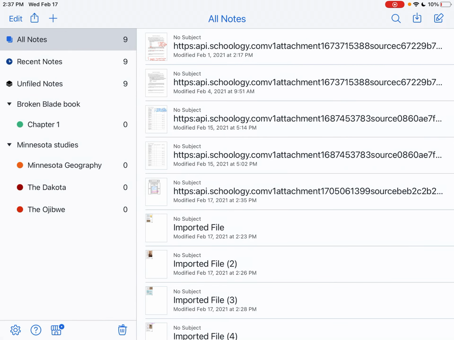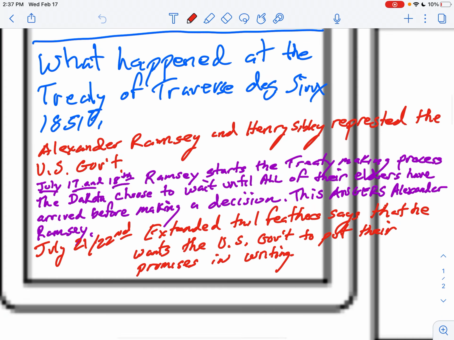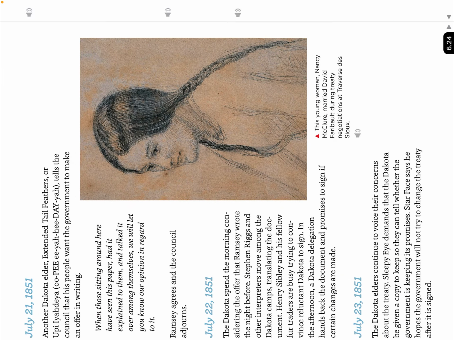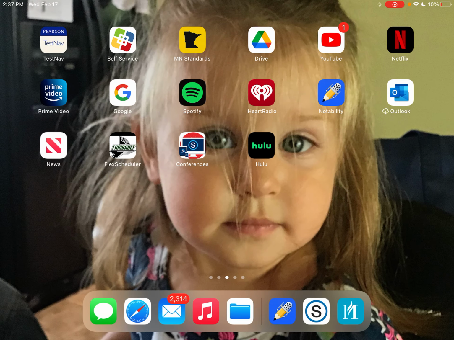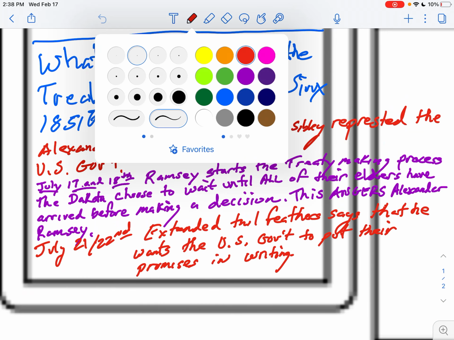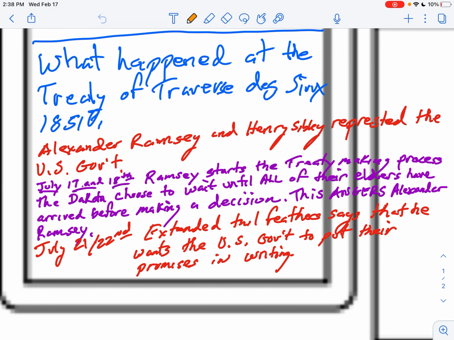Wow. So, they finally signed the treaty, and that was on, sorry about that, July the 23rd. The treaty is signed.